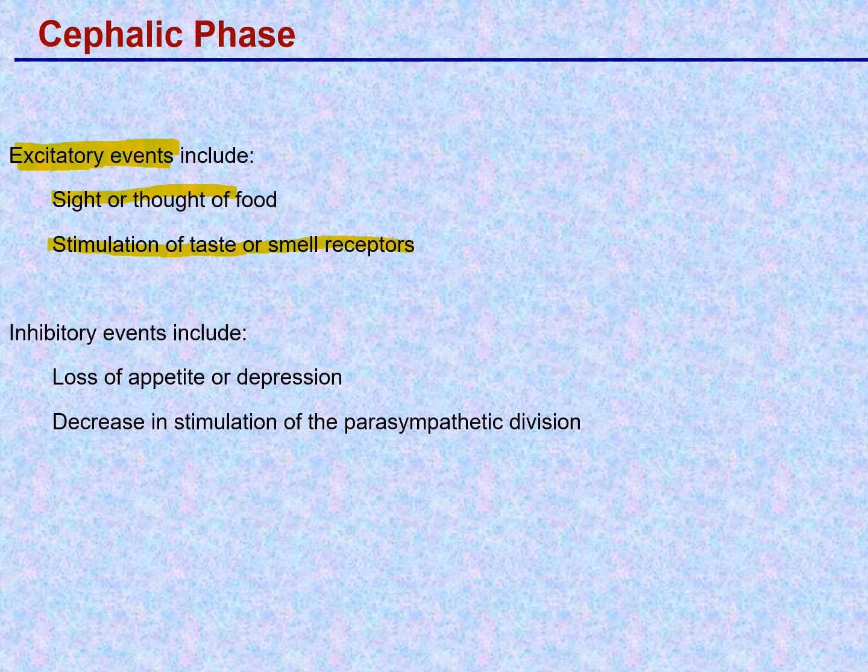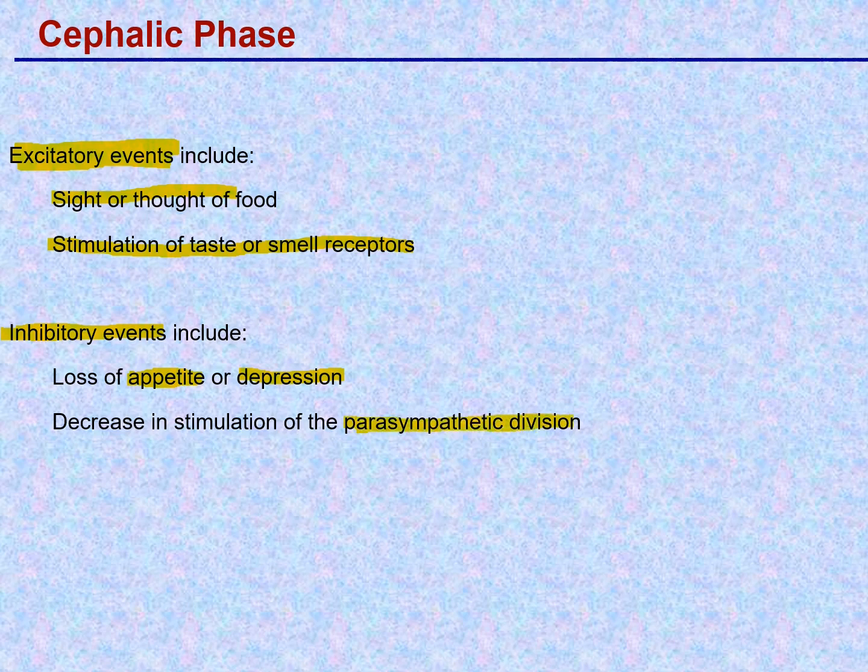The initial thought of food, hunger, smell, taste. The cephalic phase can be inhibited by a loss of appetite due to fatigue, depression, person not feeling right, any decrease of parasympathetic division.